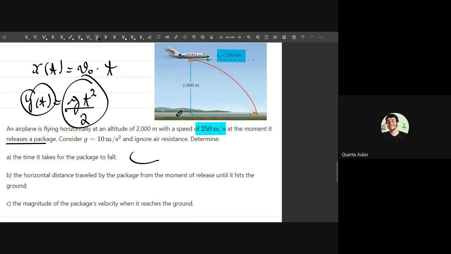But now we want the time. So 2000 here, 10 here, and you can take the square root, and you obtain the time. How much was your time? Well, I'm going to do the calculation now. No problem. You can send me a photo, right? It's easier for me to understand.